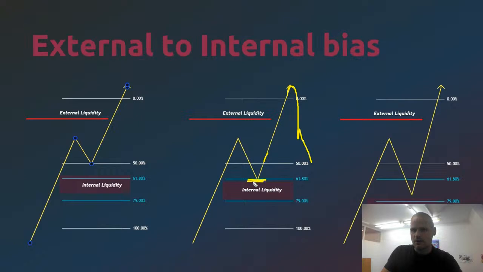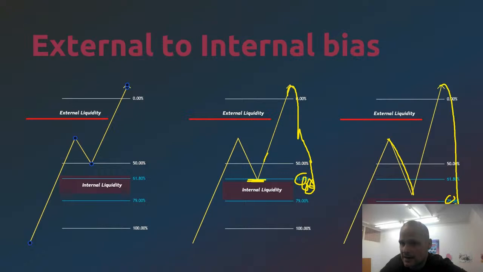Here we have the low, which would be around the 61%, so it will go for it. The first significant low, obviously on the time frame we are looking at. So if it is on the daily, it will go below that. And even in the third example, if this pullback was even bigger, around 80%, it will reprice all the way down into the internal liquidity.